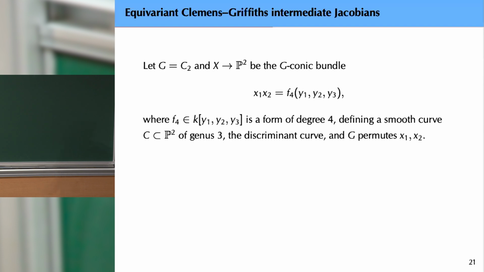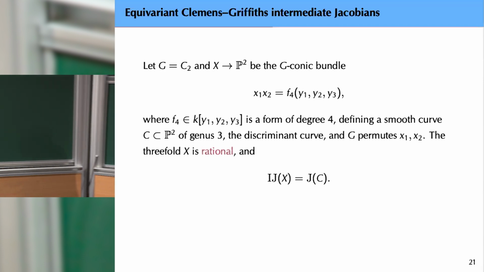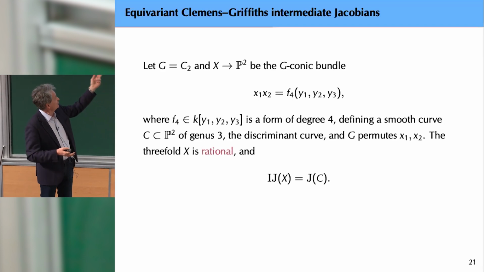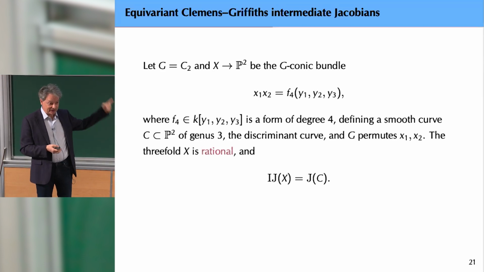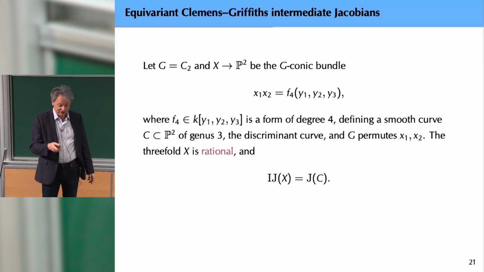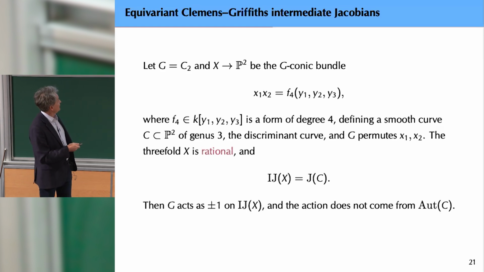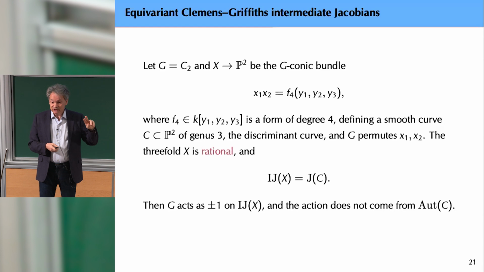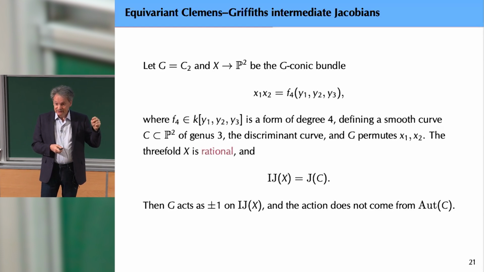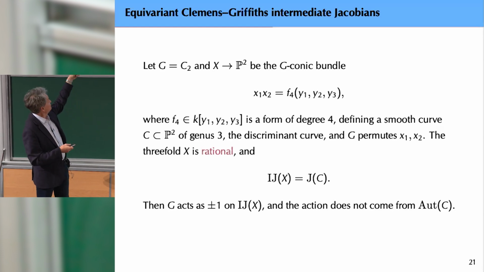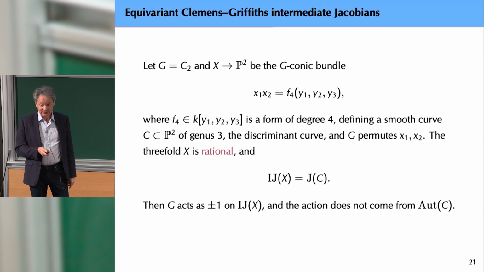So then what happens? Well, the threefold is rational. The intermediate Jacobian is the Jacobian of the curve that you see there. Like f4 defines your curve of degree 4. However, the action exchanging x1, x2 produces the action plus or minus 1 on the intermediate Jacobian.